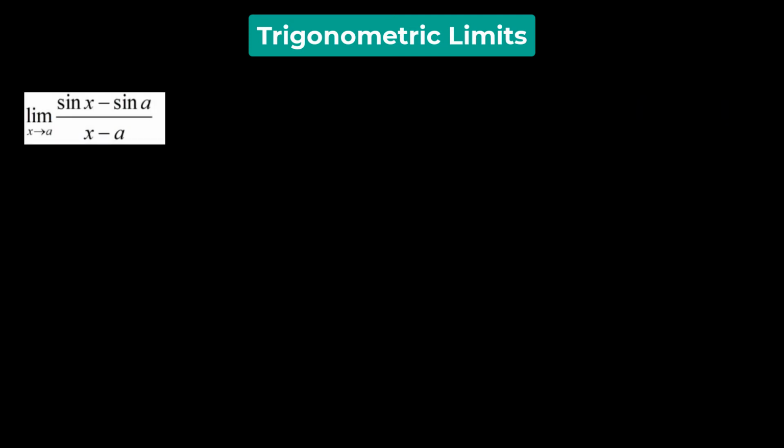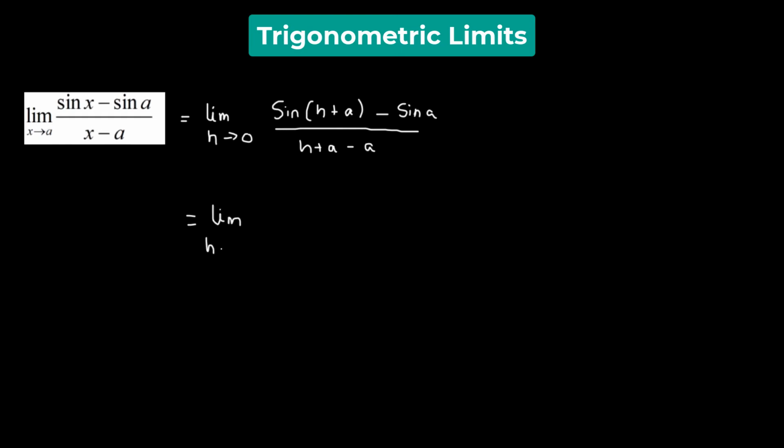So here we have sine x minus sine of a divided by x minus a. We need to find its limiting value when x approaches a. So what we're going to do is change the limit from x to h. So we have limit h approaching 0, sine of h plus a minus sine a divided by h plus a minus a, which will be equal to limit h approaching 0.